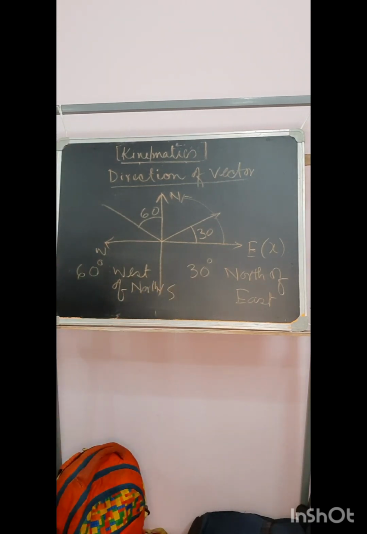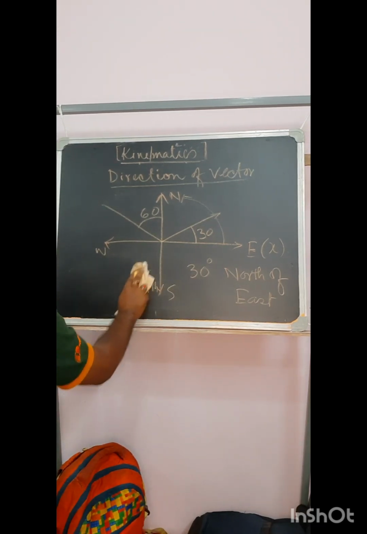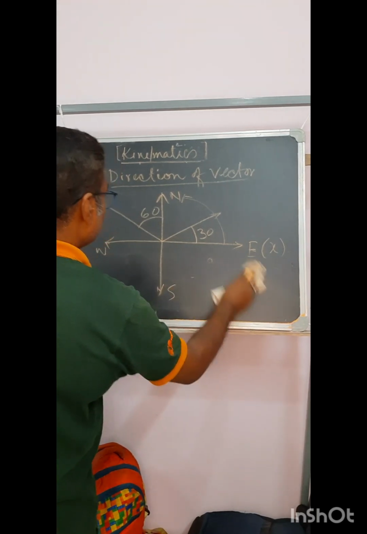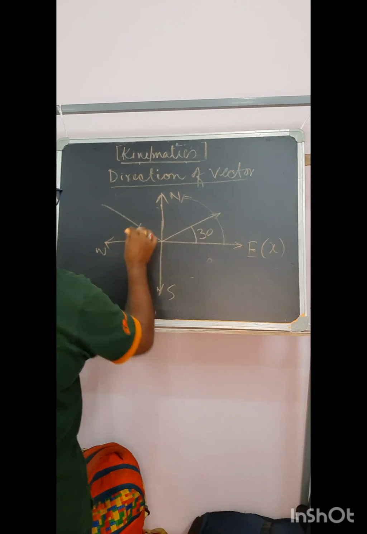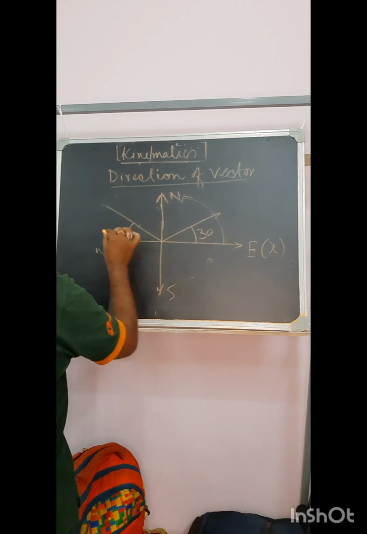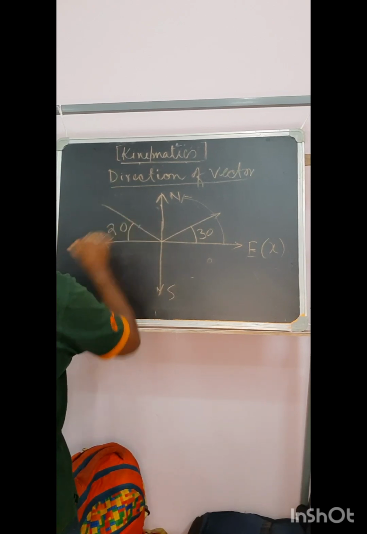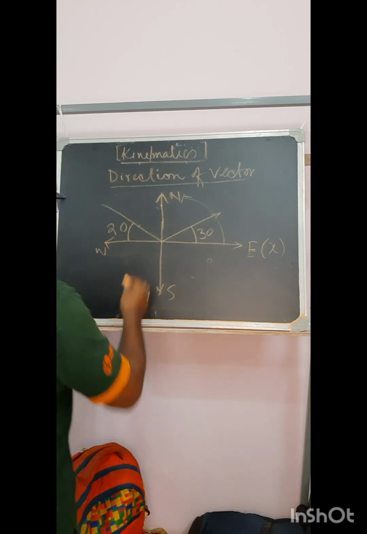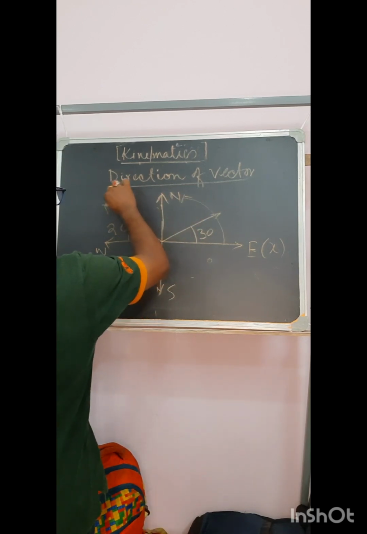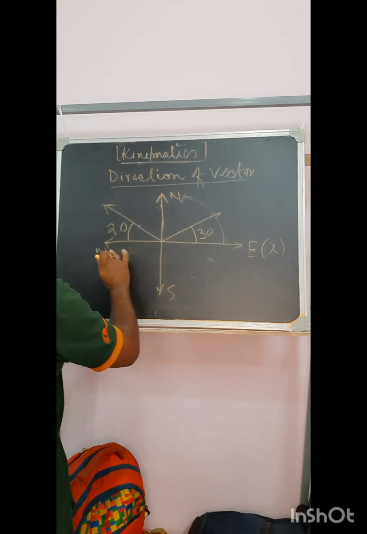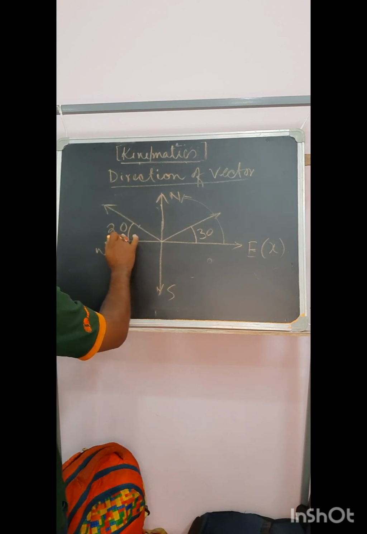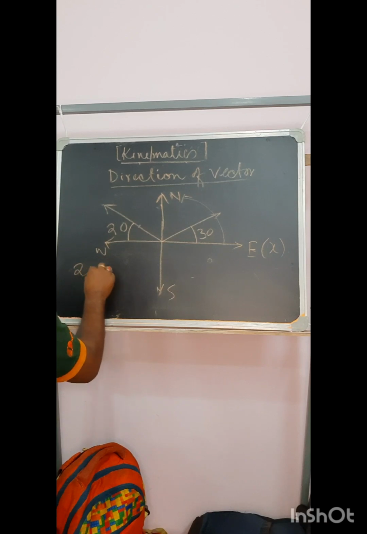Okay, let's say only this changes: instead of taking 60 degree, I mention the angle of 20 degree here. So what would be the direction of this vector? Now this vector is mentioned with the 20 degree here, so this will be 20 degree.